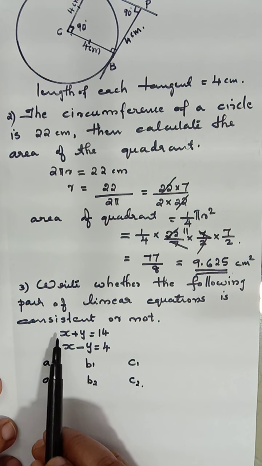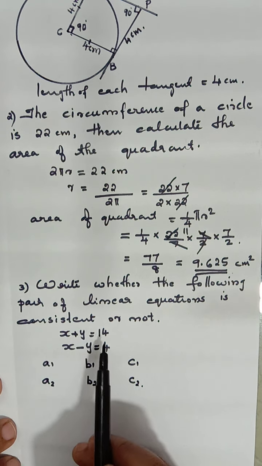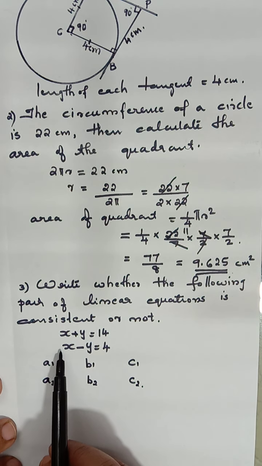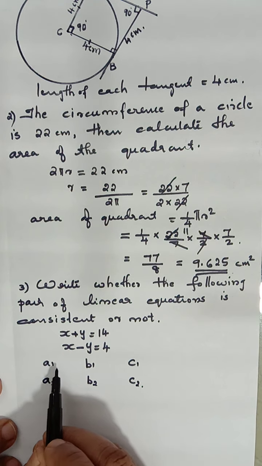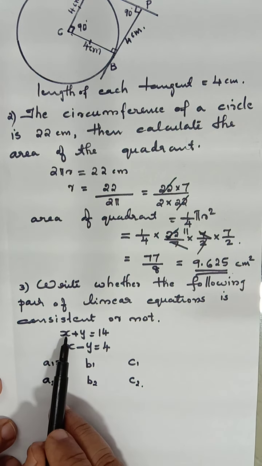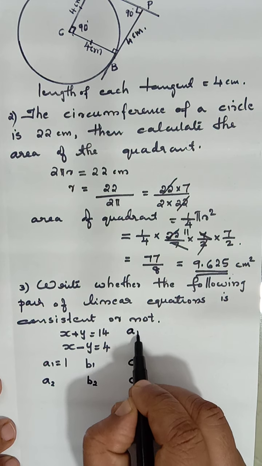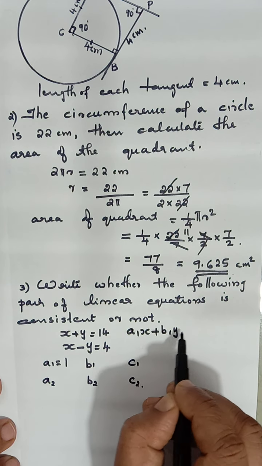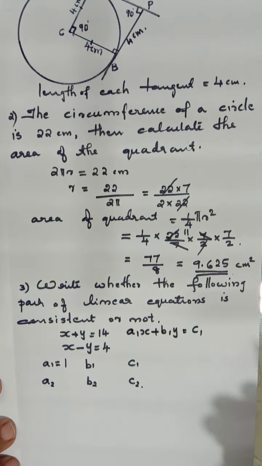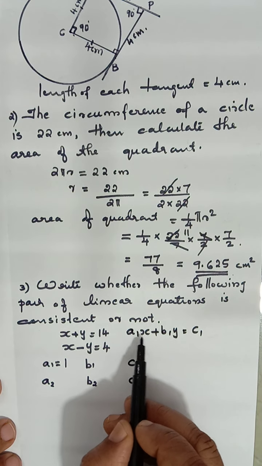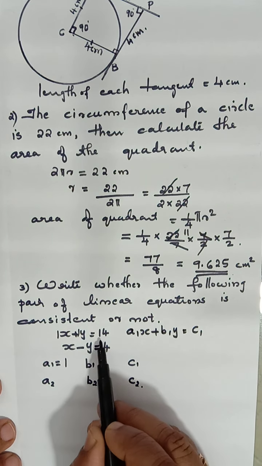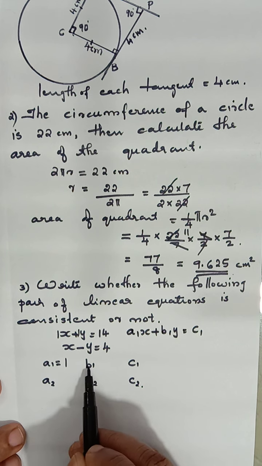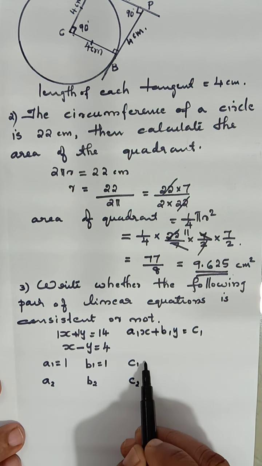Here a1 is 1, b1 is 1, c1 is 14, a2 is 1, b2 is negative 1, c2 is 4. It is of the form a1x plus b1y equal to c1. That's why a1 is 1, b1 is 1, c1 is 14.